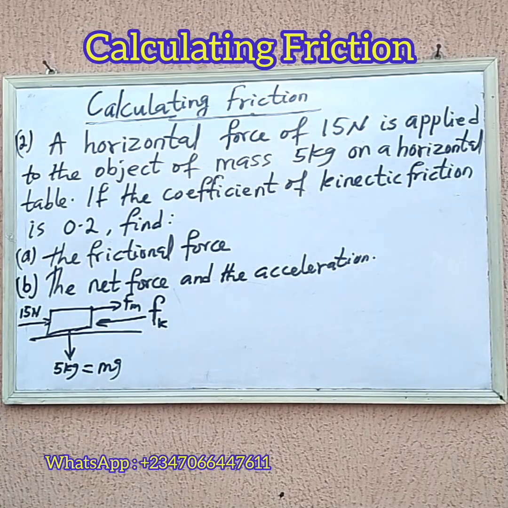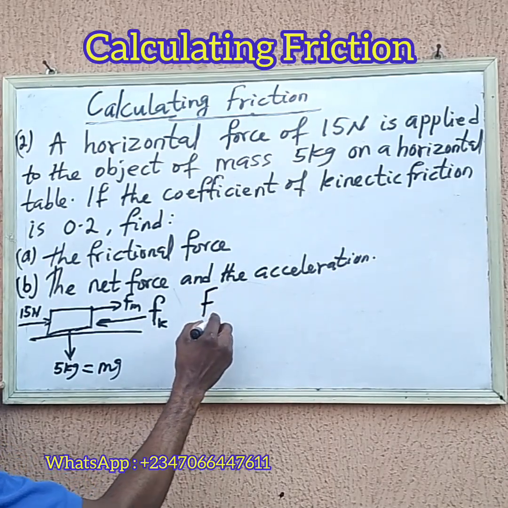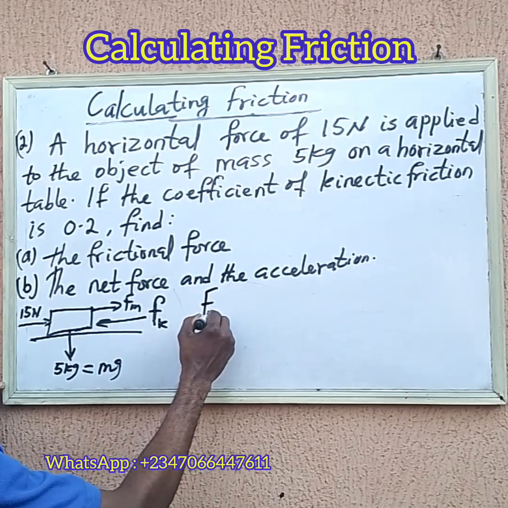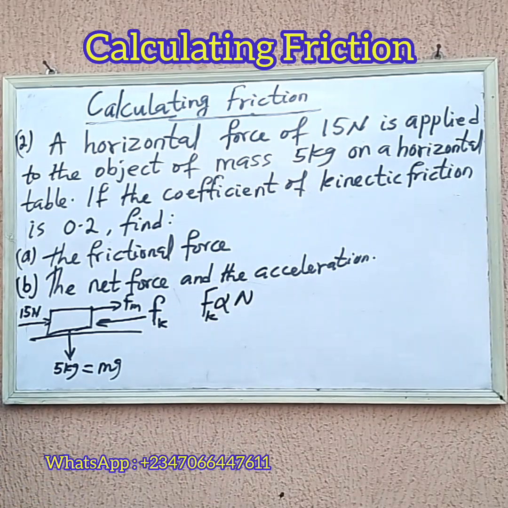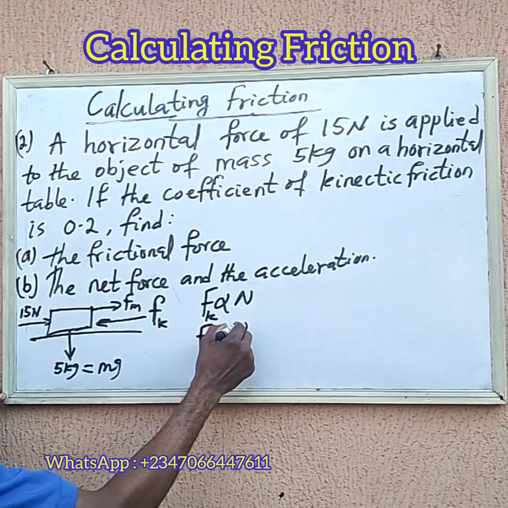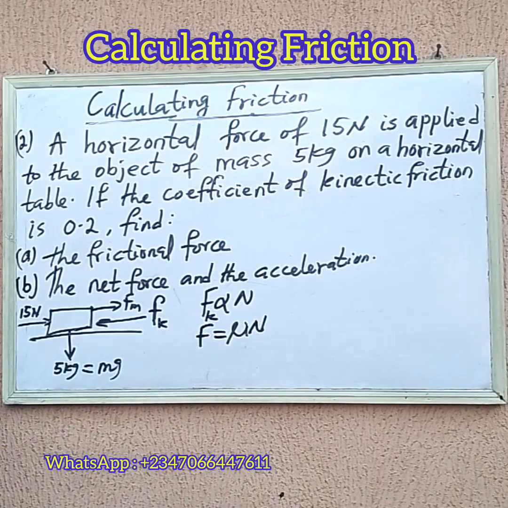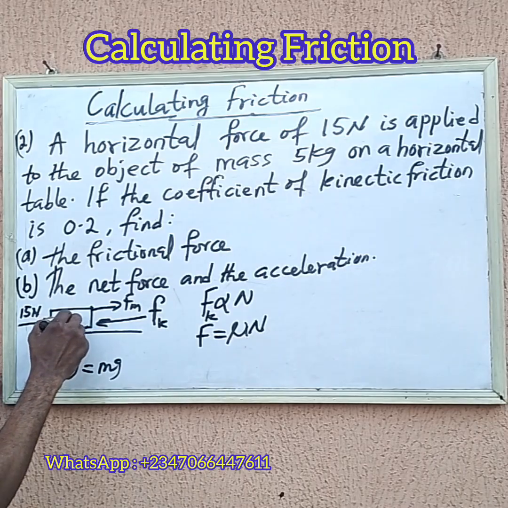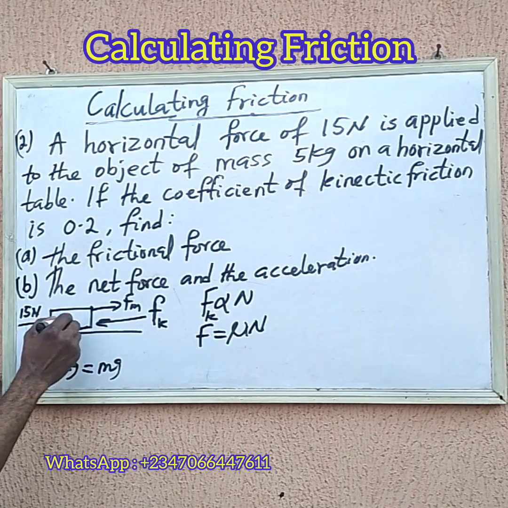This is your A. Remember that one of the laws of friction says that the frictional force, the limiting frictional force, which now becomes kinetic, is directly proportional to the normal reaction. So we remove the sign of proportionality and have the coefficient of friction, mu, multiplying the normal. And how do we get the normal? This is the normal, the force that the surface exerts on the object.